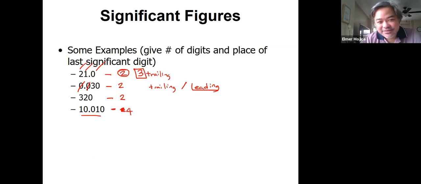But a zero is only significant if it follows a non-zero digit. If the digit before the decimal is a zero, that means it's not significant. And the zero is also significant after a decimal if it's on the right side of a non-zero digit. So this is on the right side of a non-zero digit, and this is on the right side of the non-zero digit. Thus making 2 here your correct answer.